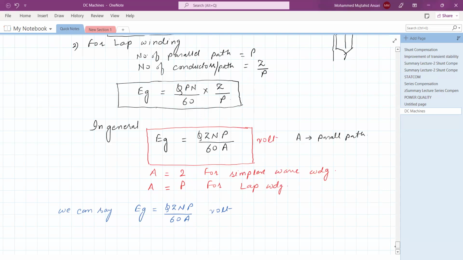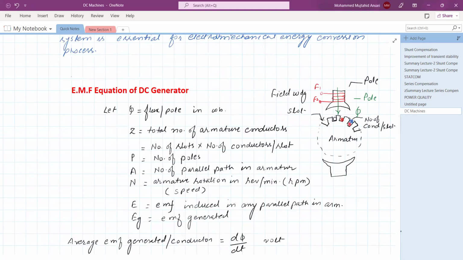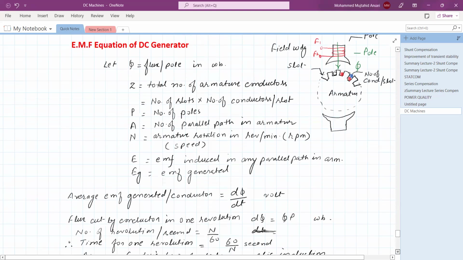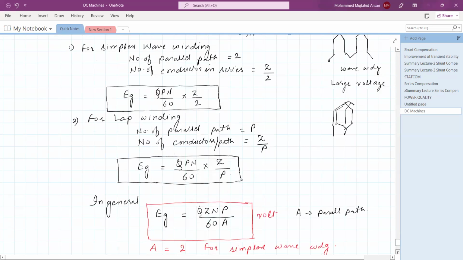Once we design the machine, the number of conductors over the periphery of the armature cannot change. The number of poles, whether 4-pole, 6-pole or 8-pole, remains the same once we design the machine. In the same way, the number of parallel paths is fixed, either a lap winding or a wave winding.